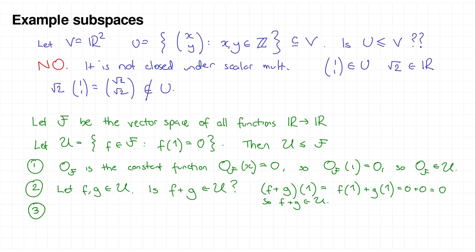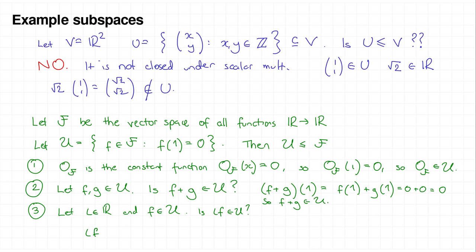Finally, condition 3 is closure under scalar multiplication. Remember, F is a real vector space, so we're going to choose a real number L, and we're going to choose an element f of U, and we have to check whether L times f is in U again. You will remember the definition of scalar multiplication in our vector space.